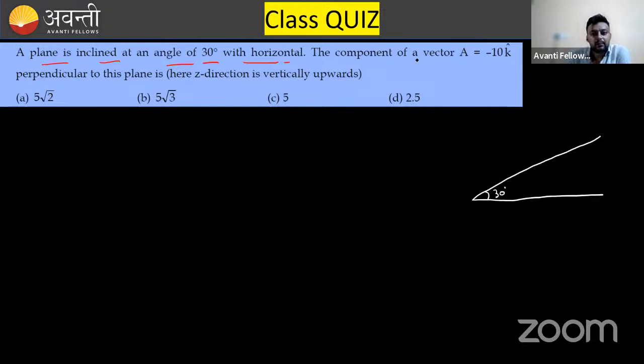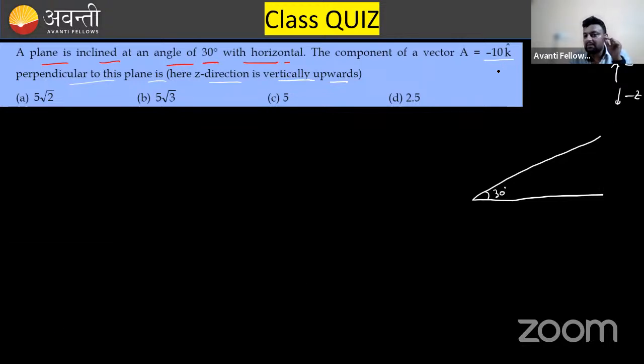The component of a vector 10 k cap perpendicular to this plane is, here z is vertically upward. So the question says z is vertically upward. That means z is something like this one. So minus z will be something like this one. Clear?